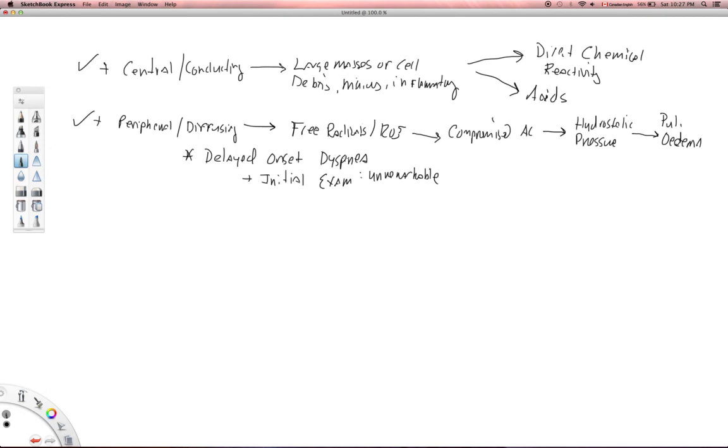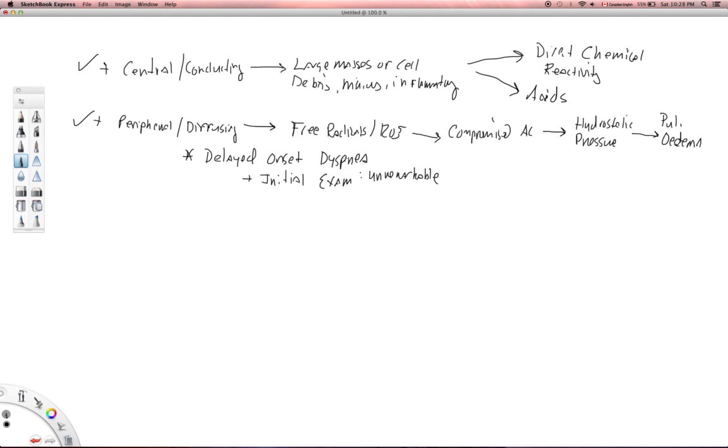And perhaps you would want to admit that patient, or watch them for several hours and do serial chest X-rays if their dyspnea does not improve or gets worse, so you can detect the presence of developing pulmonary edema, and of course you'd want to do a cardiac workup to rule out acute coronary syndromes as possibly being related.